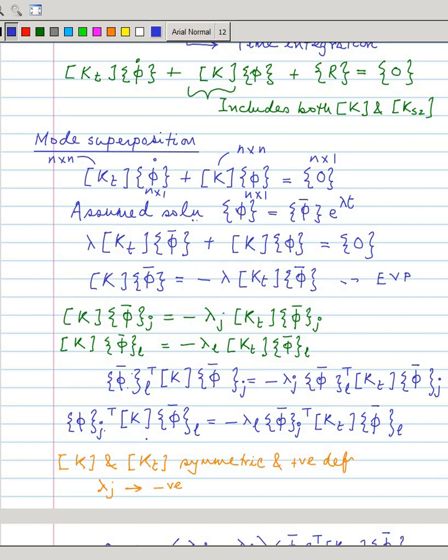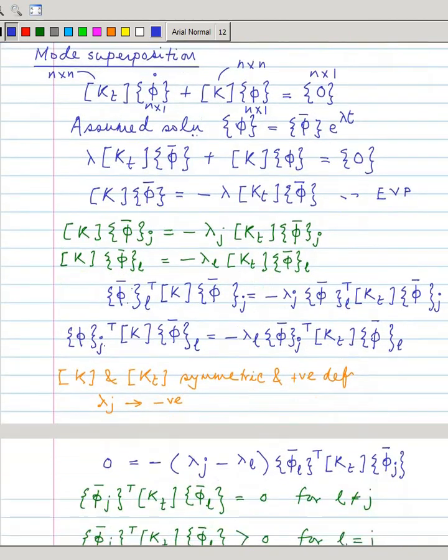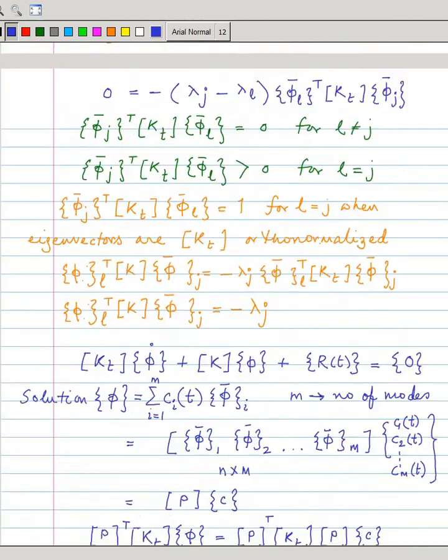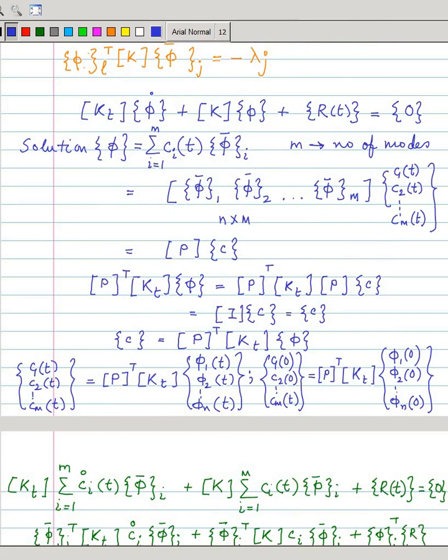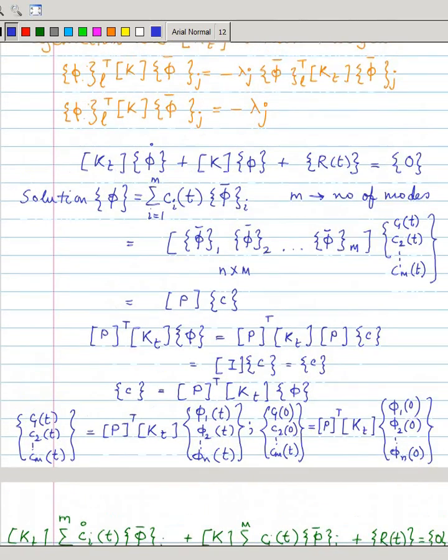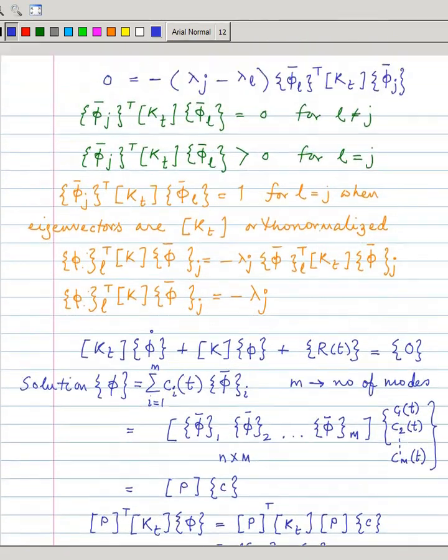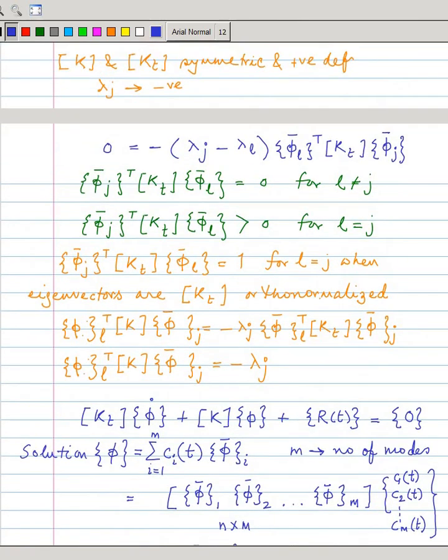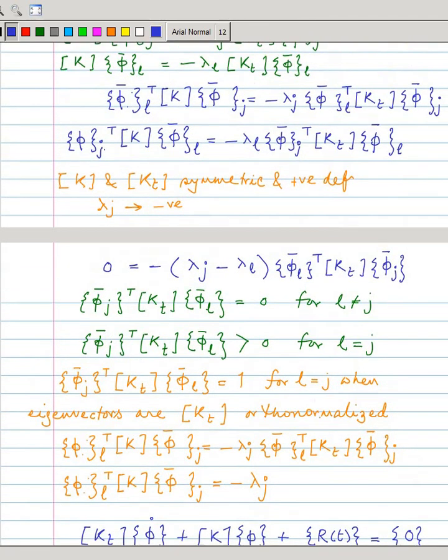So the left hand side is 0 and the right hand side is... k and kt not only symmetric, they are also positive definite.